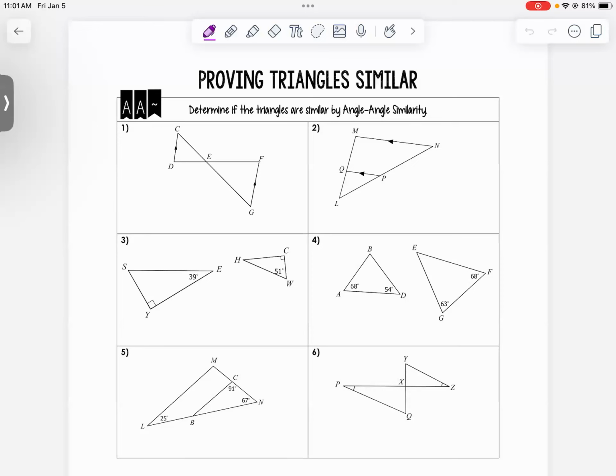I don't think the second one is. Parallel lines have cool things that happen. Yeah, no, I don't think the second one. Transversal. Third one is.